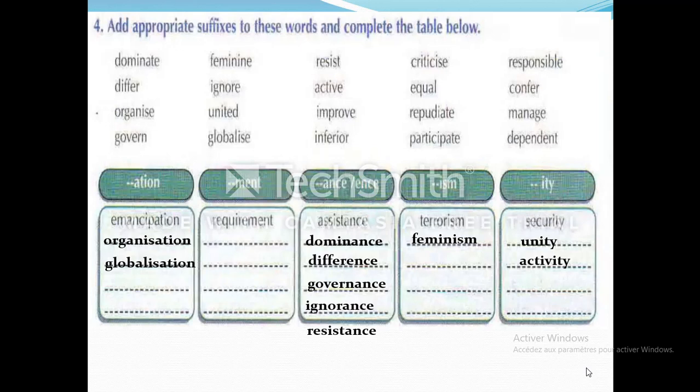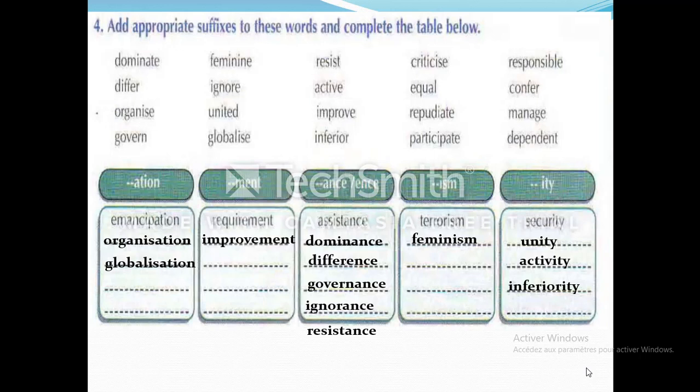Then we have improve, improvement. Very good. Next, inferior becomes inferiority. If it's difficult for you to pronounce it, you can say inferiority. Very good.